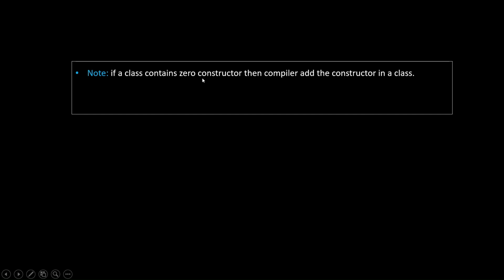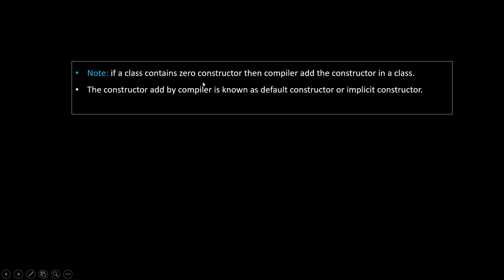You might get confused about how the compiler will add the constructor. Don't worry, I will explain. The constructor added by the compiler is known as a default constructor or implicit constructor. The compiler always adds a no-argument constructor as the default constructor.